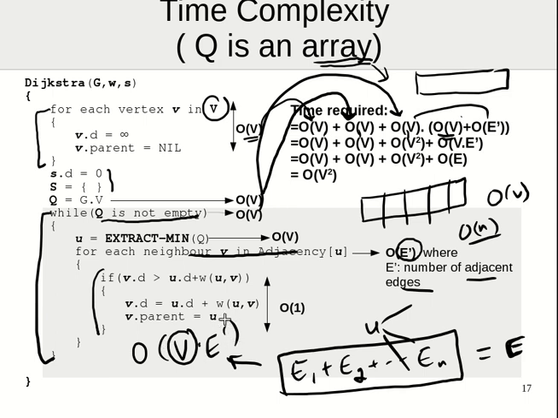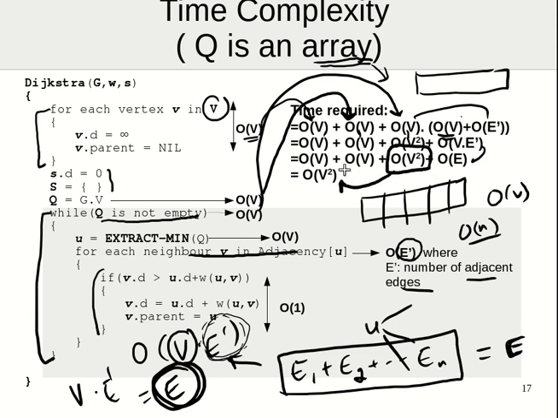So if e dash edges is the average number of edges from any vertex, V into e dash is nothing but E, the total number of edges. Now if I add V plus V square plus E, the highest order is V square. So we say that asymptotically the time complexity is order of V square, which is a pretty big number.